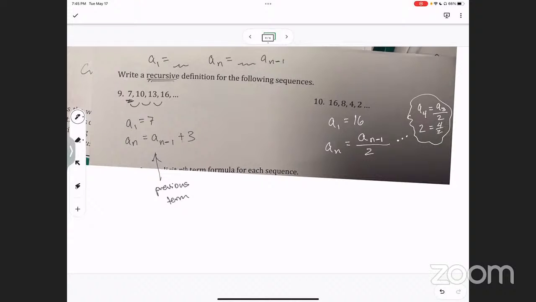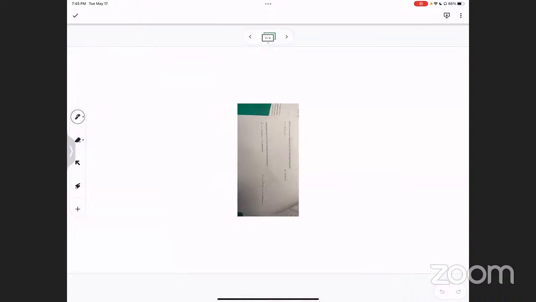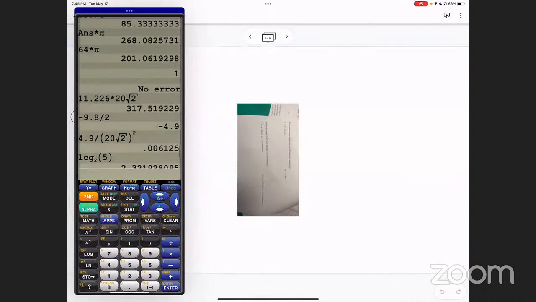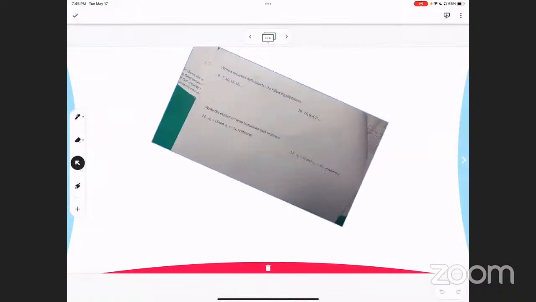Did we do it right? If n was 4, then there's your a sub n, and there's your a sub n minus 1. Do you get how you're thinking through that? It's kind of like a different way to do function notation, basically.